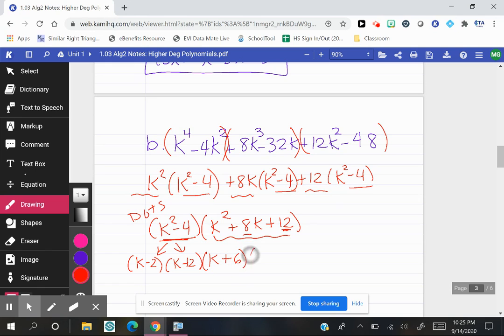So k plus 6 and k plus 2. Now it's always k to the 1st for all 4 of those, so that's as far as we can take those. Okay, so that is factoring by grouping for that one.